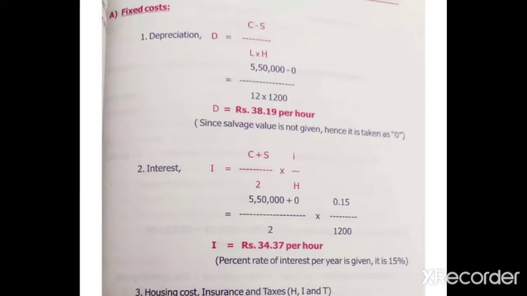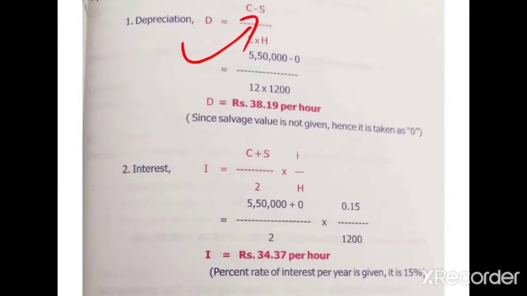Here the initial cost is 5,50,000 rupees minus 0, as the salvage value is not given so it is taken as 0, divided by the life of the tractor, 12 years, into working hours per year, 1,200. By putting all these values, the final answer will be rupees 38.19 per hour.